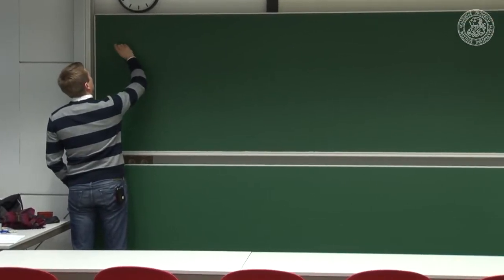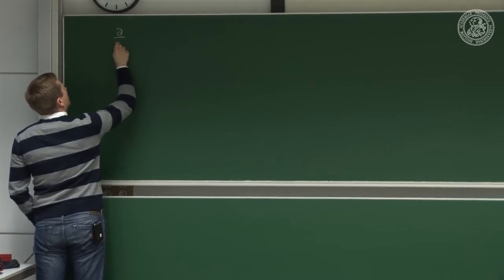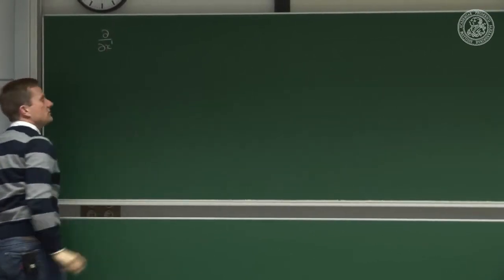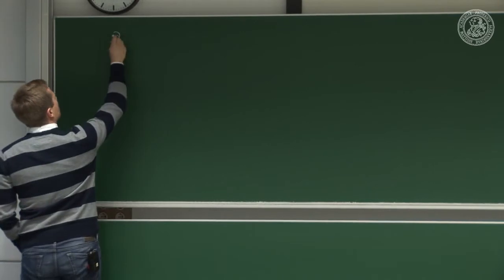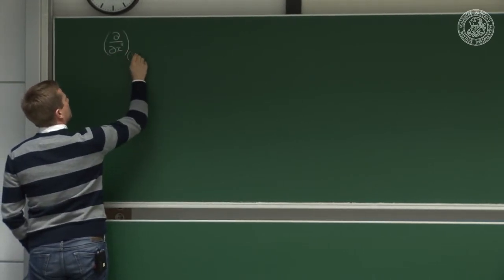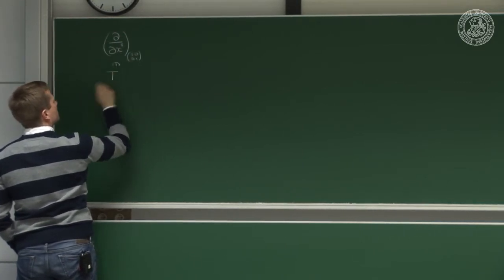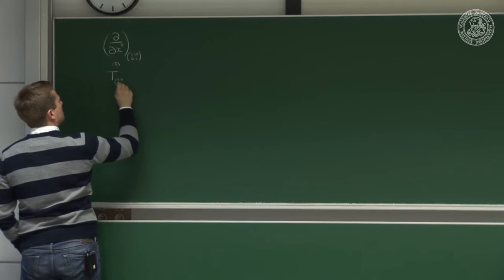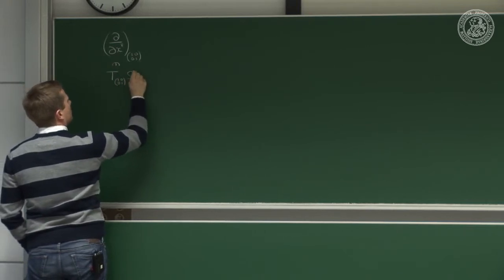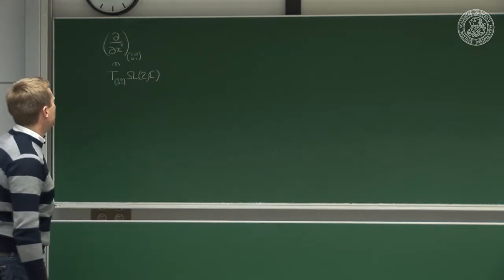So last time we arrived at the point that we constructed from the coordinate-induced tangent vectors d by dxi at the identity. So those are elements of the tangent space at the identity element of the special linear group SL2C.